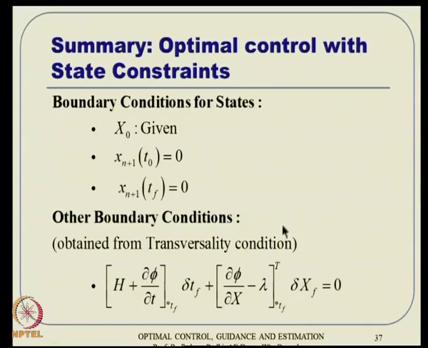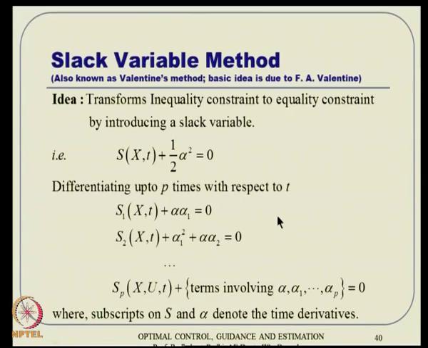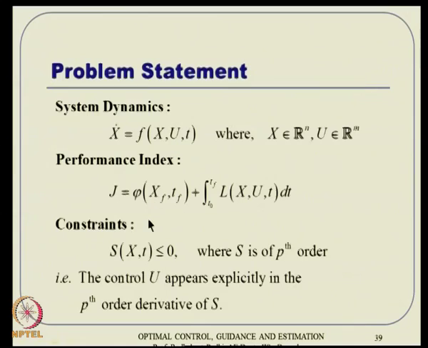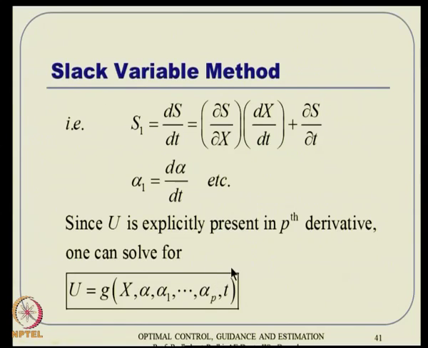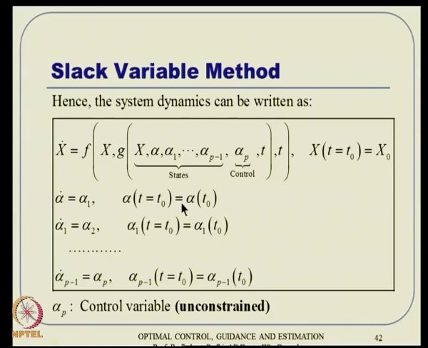But I think the slack variable approach is a natural way of handling the problem. You have an inequality constraint, and you make it an equality by introducing this function, and then the rest is algebra, and it elegantly turns out that you can not only derive the state equations, but also get the associated initial conditions.